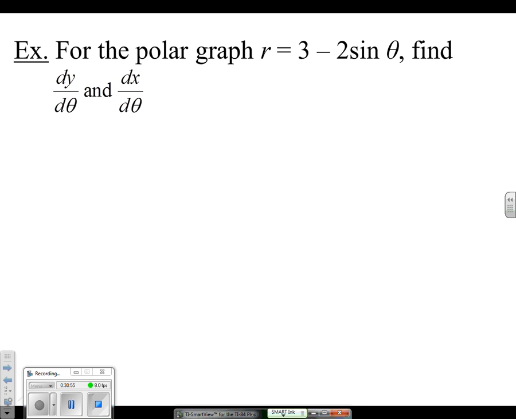Well, in order to answer this question, we need to first express y as a function of theta. We need to express x as a function of theta. And so, well, we can actually do that. We know that x equals r cosine theta. And we know that y is equal to r sine theta.